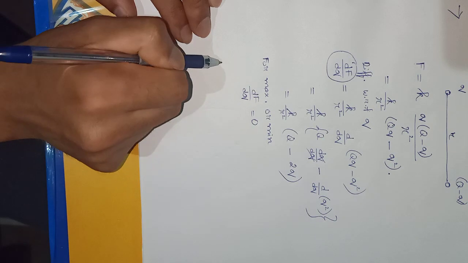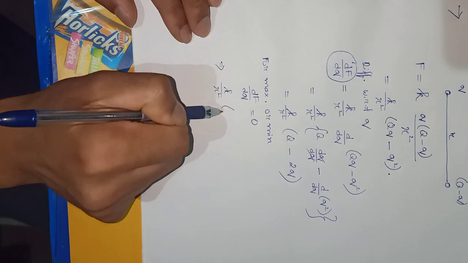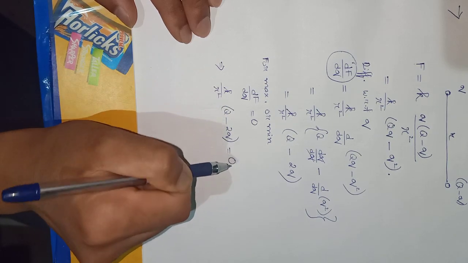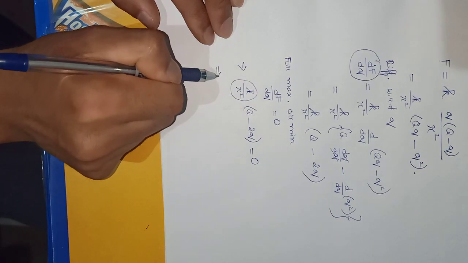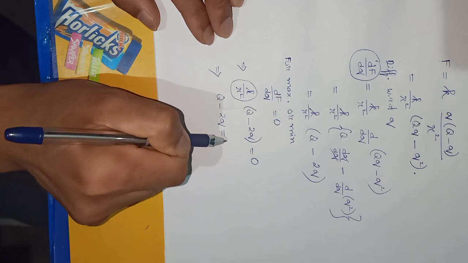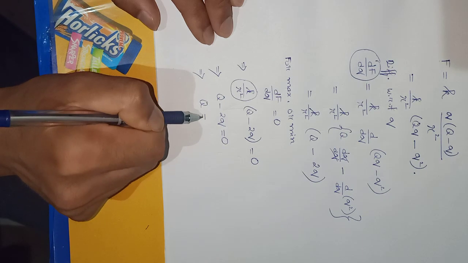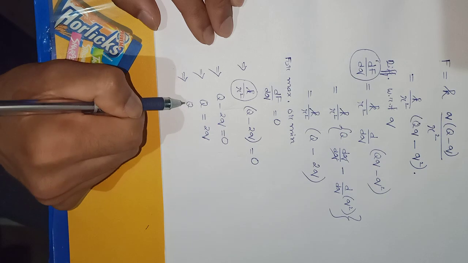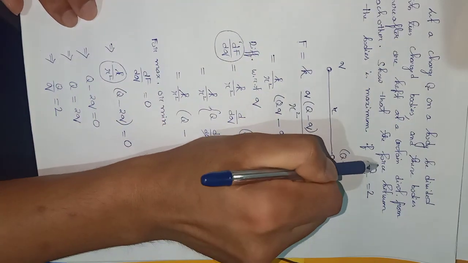Now dF by dq is K by r square, (Q minus twice of q), and that is equal to 0. Since K by r square cannot be 0, capital Q minus 2q will be equal to 0. So from here, capital Q will be equal to twice of q, or capital Q by small q is equal to 2. So we get the condition.